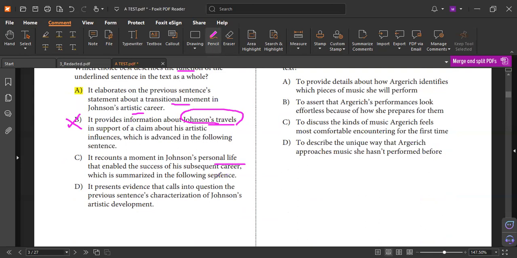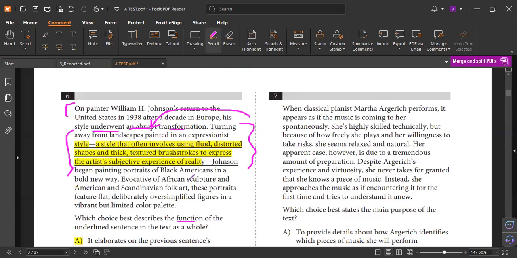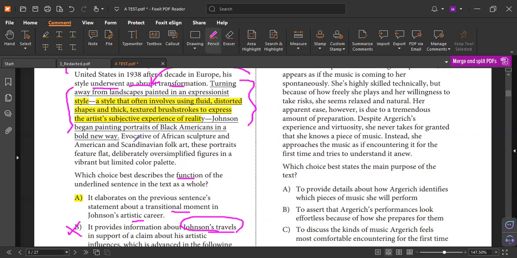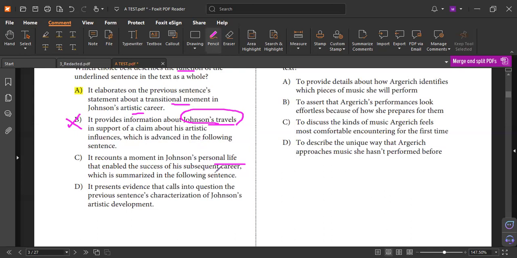Maybe. But wait, that enabled the success of his subsequent career, which is summarized in the following sentence. What is the following sentence? Evocative African sculptures and Scandinavian folklore, these portraits. He talks about these portraits, not about his personal life. So for letter C, half of the answer is wrong.